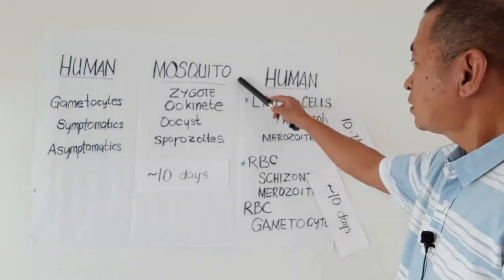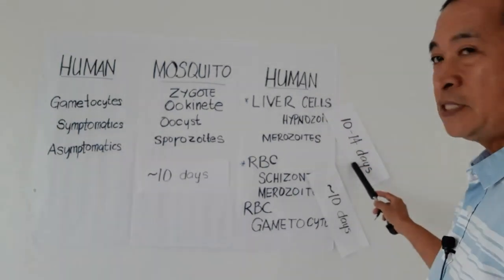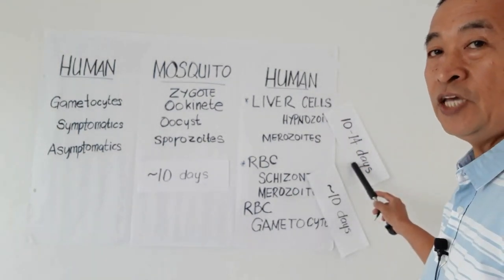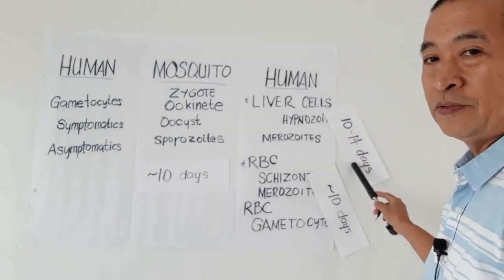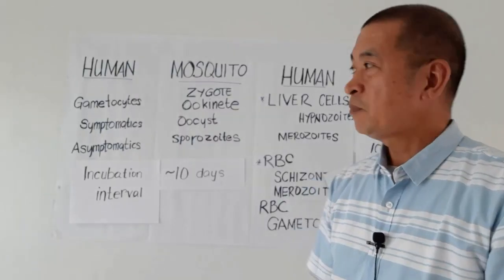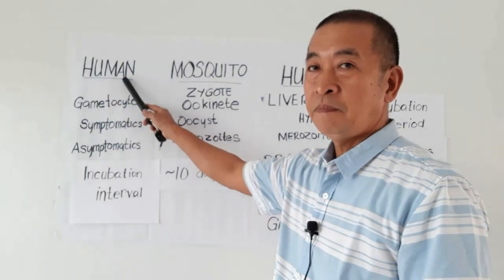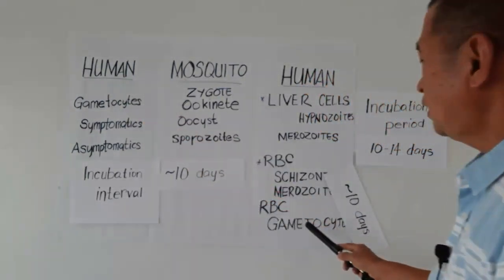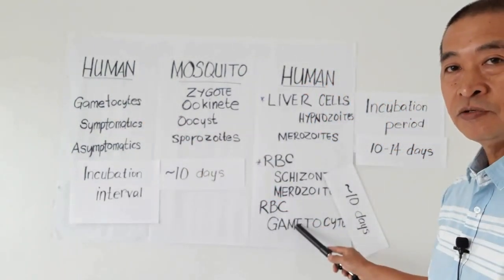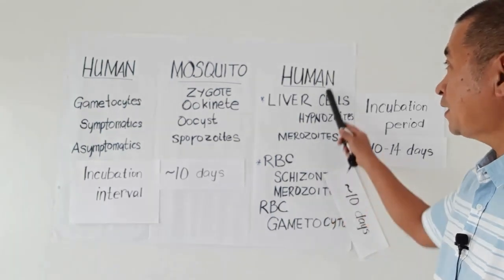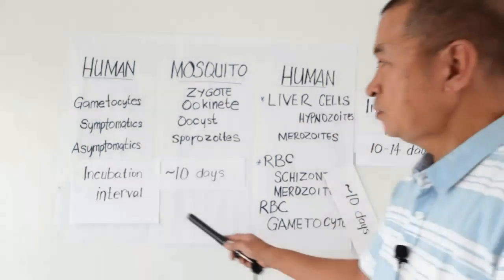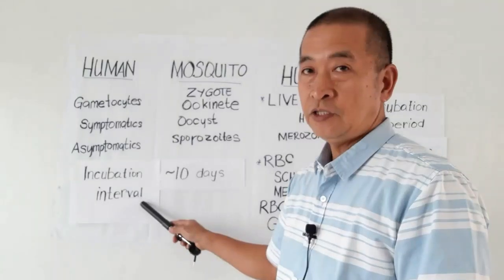From the bite of the mosquito to the development of symptoms is called the incubation period. From the gametocyte stage of the first victim to the gametocyte stage of the next victim is called the incubation interval.